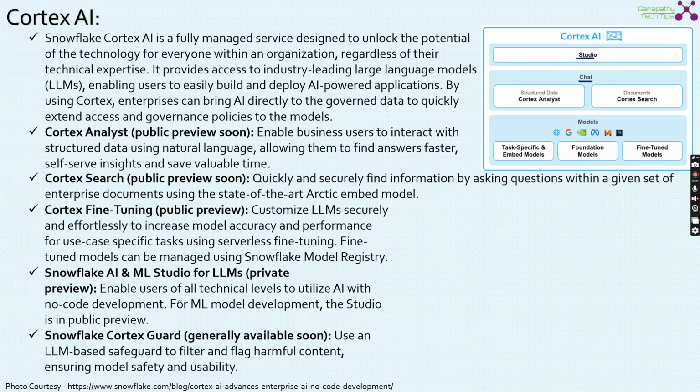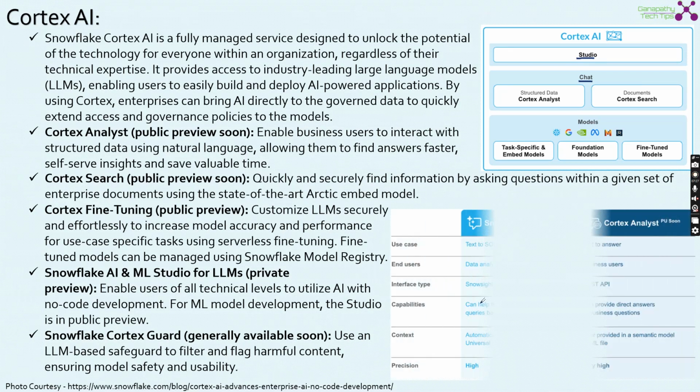It is a no code, low code kind of environment where you can simply drag and drop, enrich your data, and train your models. And then the Snowflake Cortex Guard, which is generally available soon, uses an LLM based safeguard to filter and flag harmful content, ensuring model safety and usability.